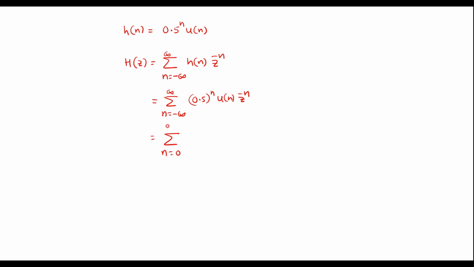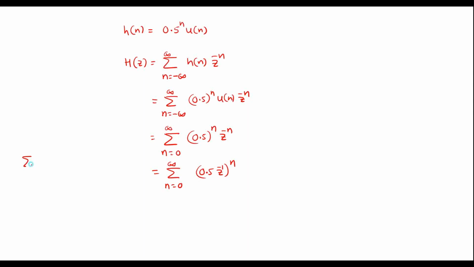Summation n is equal to 0 to infinity 0.5 power n z power minus n, or I can write it as summation n is equal to 0 to infinity, I'll try to take n as a common power as 0.5 z inverse raised to n.